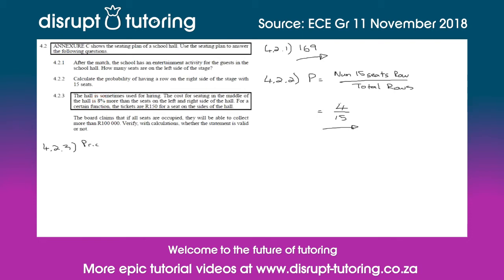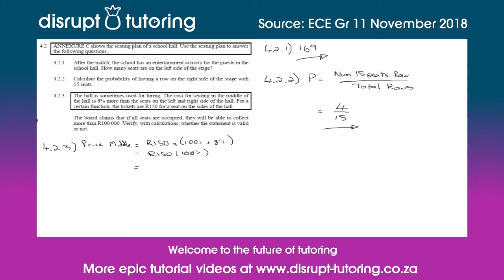So price for middle will equal the price of the side, so it's 150 Rand times 100% plus the 8%, which can be in brackets, which equals 150 multiplied by 108%, because 100% plus 8% is going to be 108%.